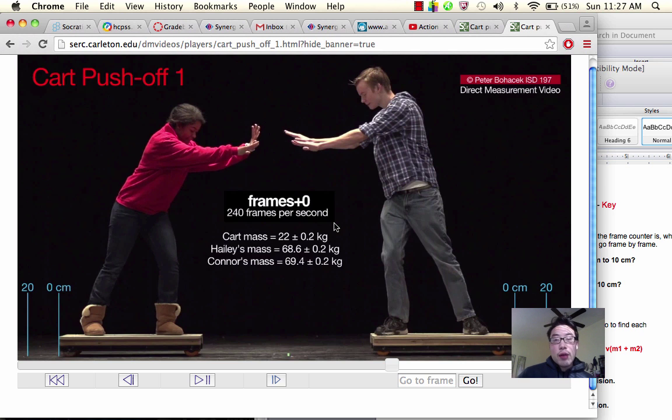If we have a ratio of 240 frames per second, with frames in the numerator and seconds in the denominator, and we want to know how many seconds have passed, we can get rid of the frames unit and find out how many seconds have passed.